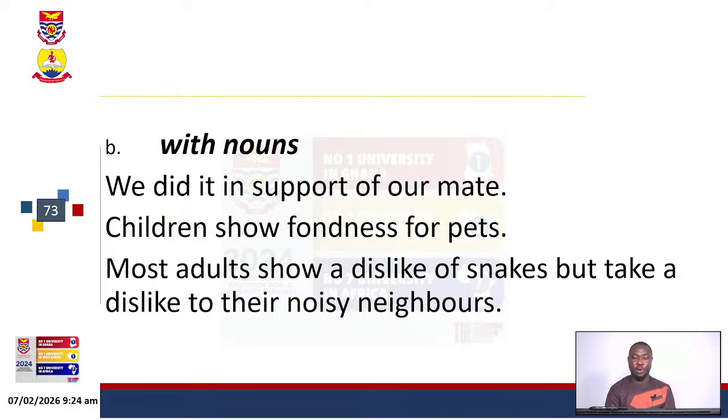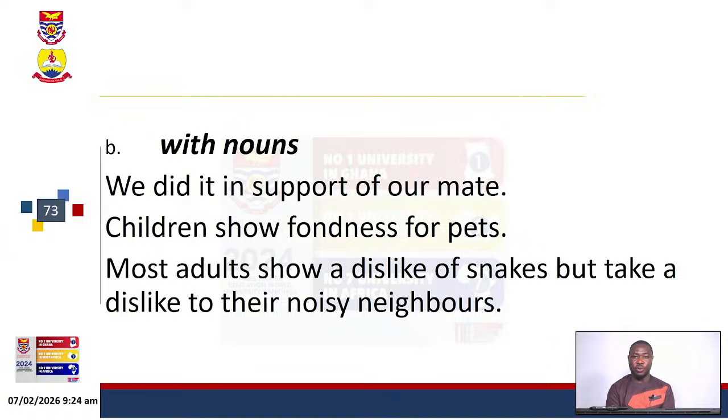We can also combine them with nouns. We did it in support of our mates. In support: the word support is a noun. Children show fondness for pets. Fondness is a noun. So the for and fondness are the set combination.